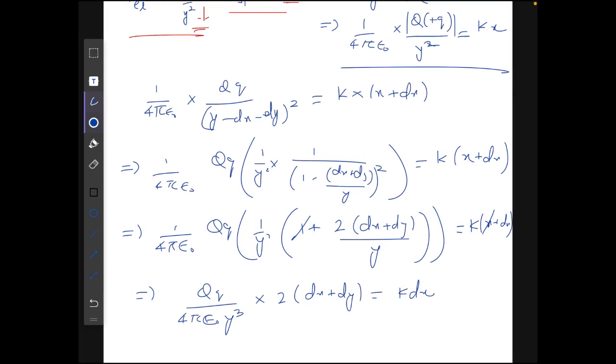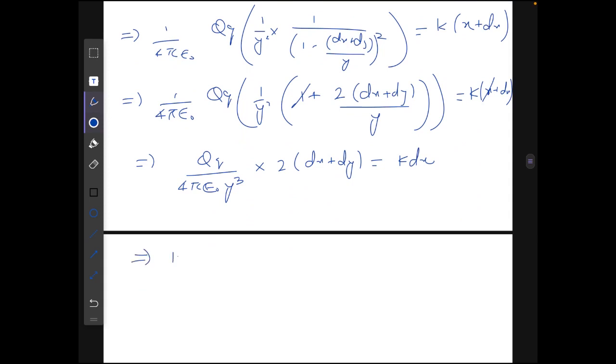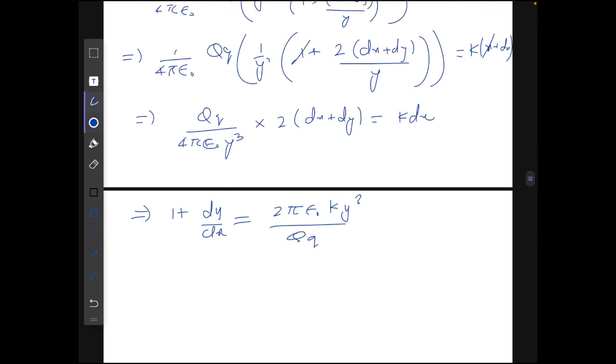So from here what we get is 1 plus dy by dx equals 2 pi epsilon naught k y cube over Q small q. So from here dy by dx equals 2 pi epsilon naught k y cube by q minus 1.